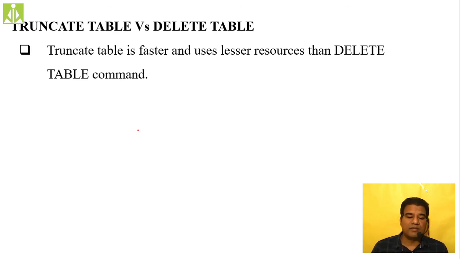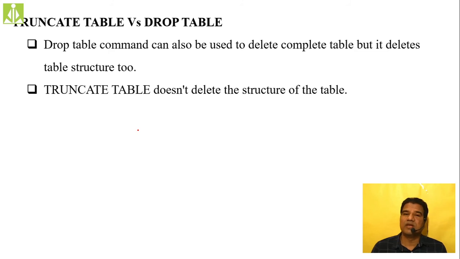Then we again have the drop table command, to drop the table. The difference between drop and truncate is that drop table will not only delete the internal rows, but will also delete the complete table trace, the complete table structure, whatever columns and definition we have. That complete definition will be deleted using the drop command.